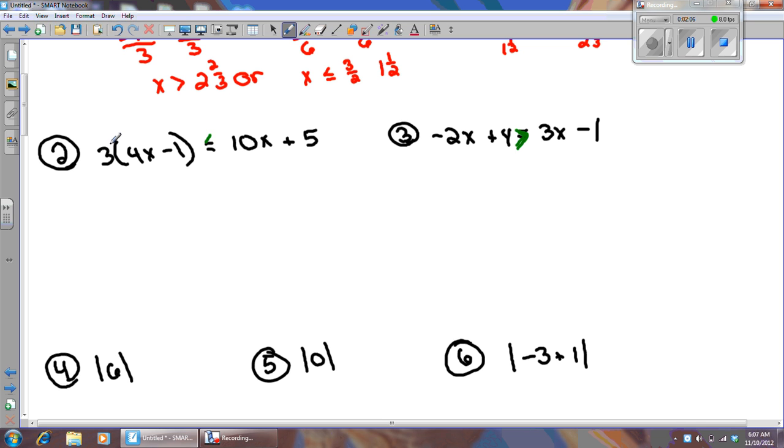Okay, first thing I'm going to do on problem number 2 is distribute and get 12x minus 3. That's going to be less than or equal to 10x plus 5. I'd like to get rid of my variable on the one side first. I usually get rid of the smallest variable.